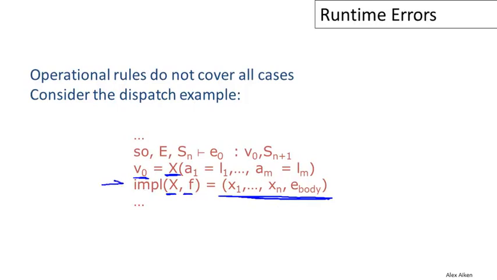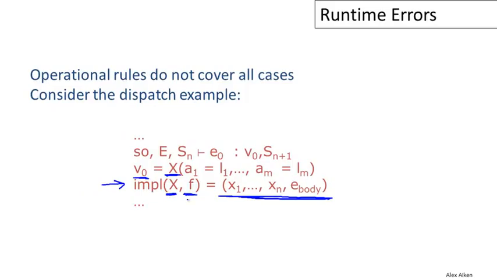This rule just assumes that method f is in fact defined in class x. And the rule doesn't say anything about what to do if it turns out that class x doesn't have any method f. Well, that actually can't happen. Type checking has already guaranteed that when we go to look up method f in class x, it will exist. That was one of the points of the type checking rules, that no dynamic dispatch could ever dispatch to a method that wasn't defined.